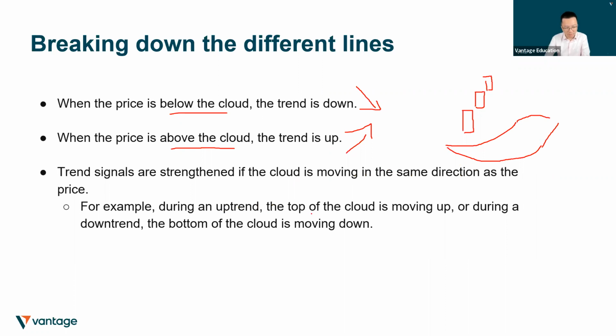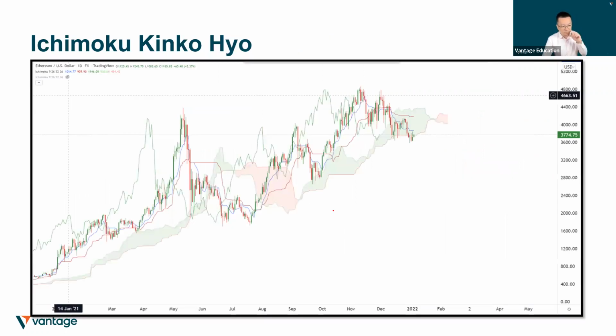In an uptrend, the top of the cloud is moving up, and in a downtrend, the bottom of the cloud is moving towards the downside. It makes a lot more sense when you look at it on the charts. You can see here as price pushes up, firstly, it's above the cloud.